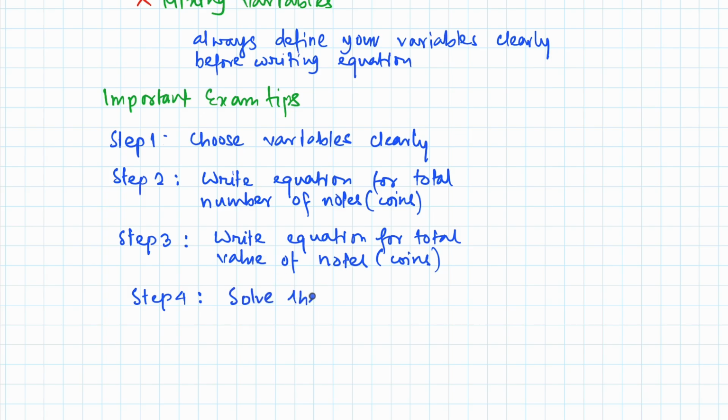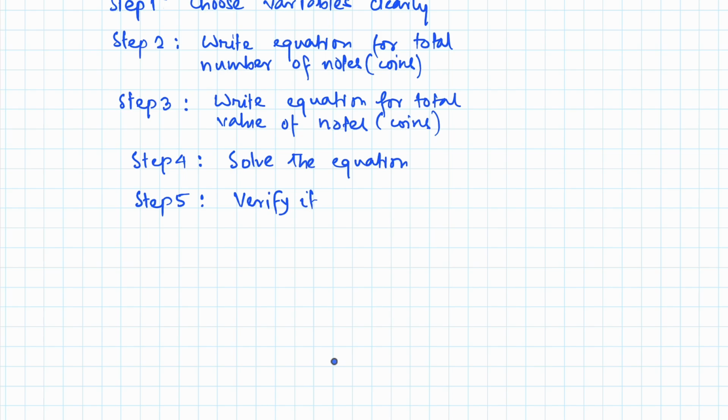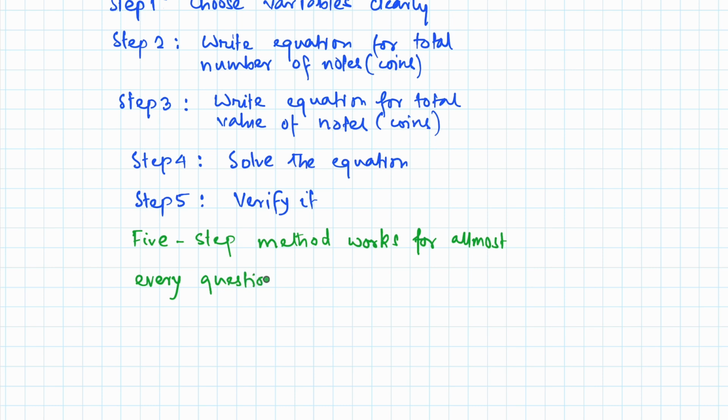Step 4, solve the equations using any method, either elimination or substitution, and then step 5, verify your answer. So these are the 5 steps. If you follow them, you can easily score full marks for this kind of problem. These 5 step methods work for almost every question in the board exam.